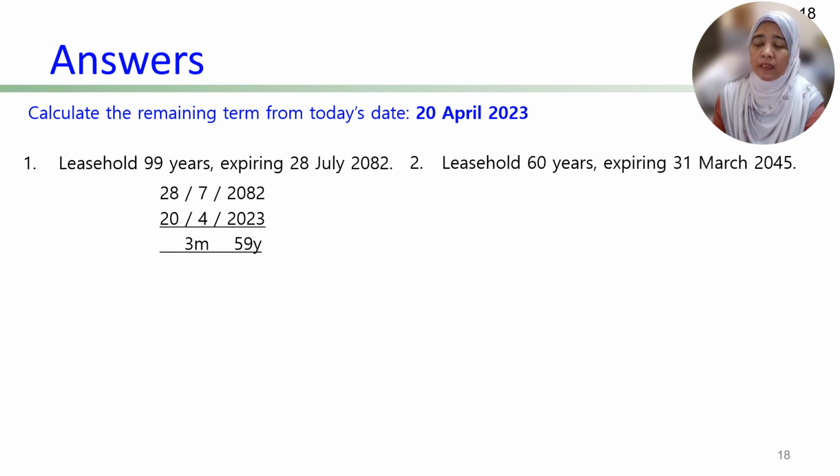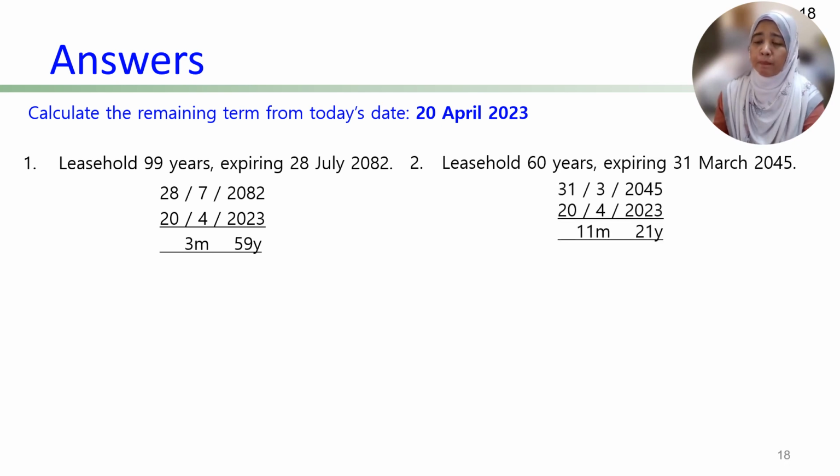Now the second example is a bit difficult because the month of the expiry date is smaller than today's date, which is 4 kan. So can you minus 3 kan? Normally in normal maths is you add 10 kan, but since this is month, okay, you must add 12. 45 tu minus 1 tahun, so it becomes 2044.